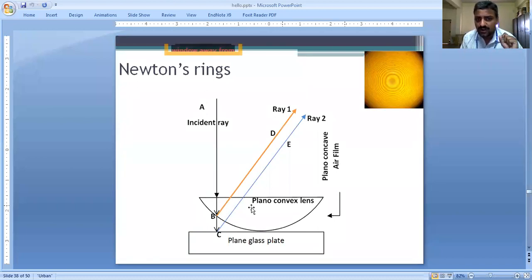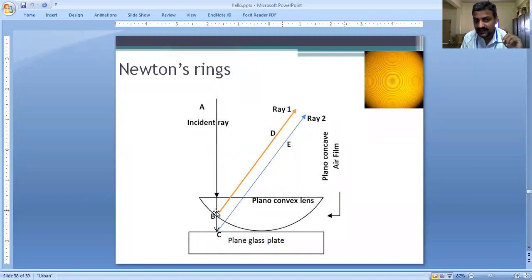So from the top part of the lens, the reflected ray intensity will be very small compared to these two because it's transparent. Let's say worst case 90% transmission. 90% transmission means, assuming ideal, if 100 units of light falls here, only 10% will be reflected back and remaining 90% will be transmitted, right?